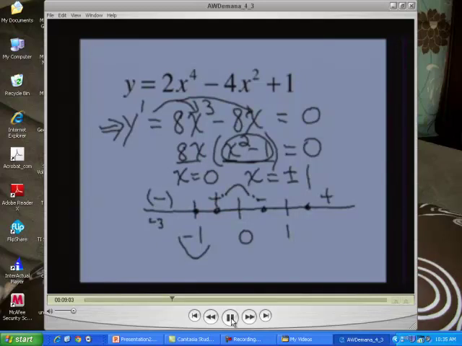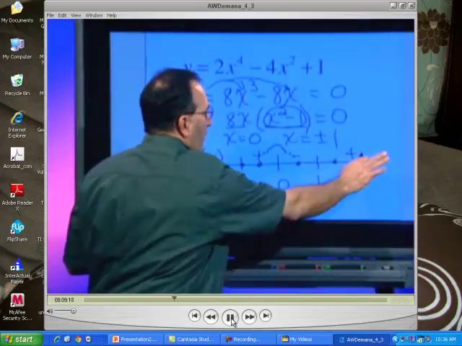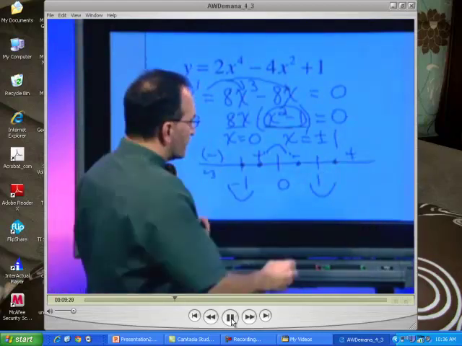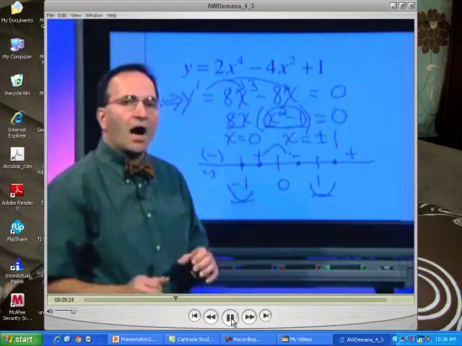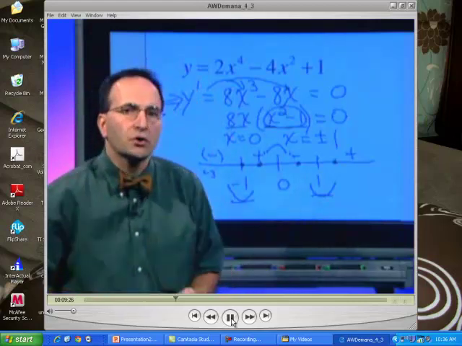And then again, it's changing from negative to positive at 1, so we're going to have a local minimum. And the other thing that I can say is that there are no other sign changes here. So in fact, these two values are both going to be absolute minimums.